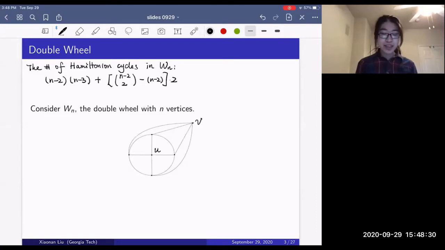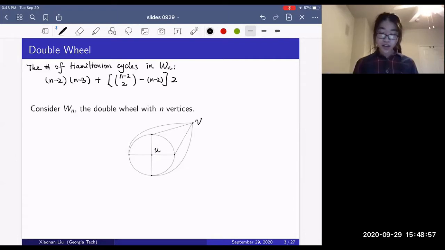So what can we say about the number of Hamiltonian cycles in Wn? Let's count together. It's not obvious, but I think it's easy to count. First, we know that for each Hamiltonian cycle, there are two edges incident with each vertex.